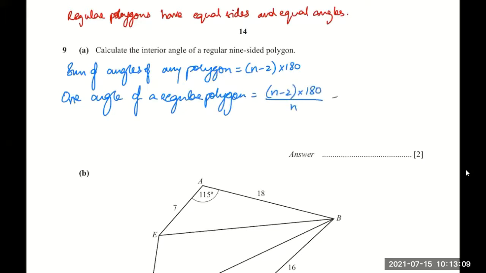So if I'm asking you for a 9-sided regular polygon, I'm going to say that 9 minus 2 into 180 divided by 9. What do I get? I get 140. So formula is to remember, nothing much in this question.